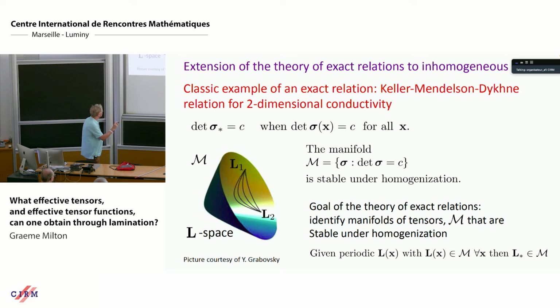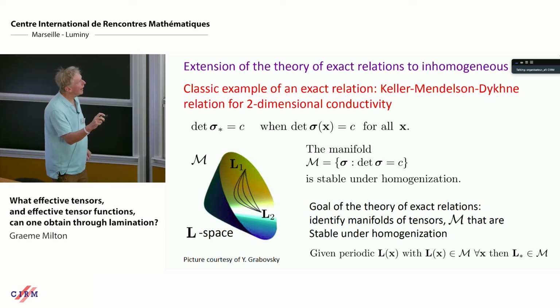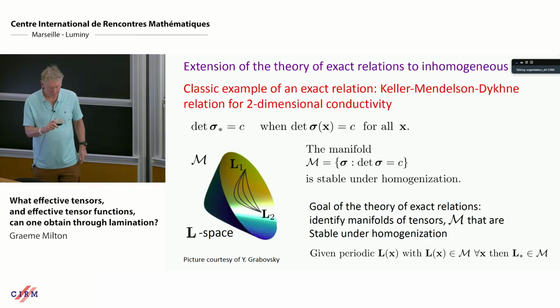If the effective tensor always lies on that manifold, then you call this an exact relation. In particular for conductivity, if you take your manifold as conductivities with constant determinant in 2 dimensions, then the effective conductivity shares that same determinant.